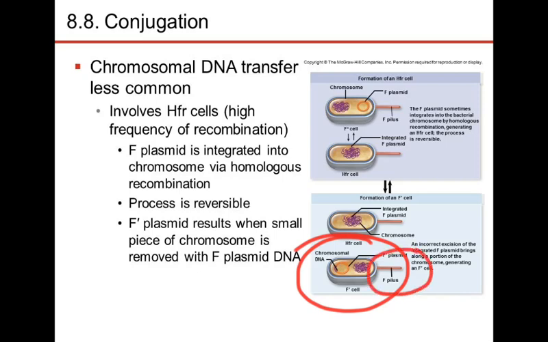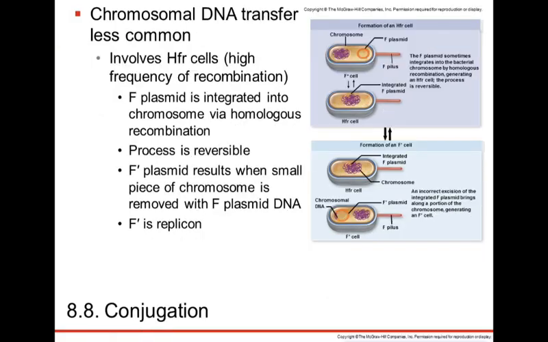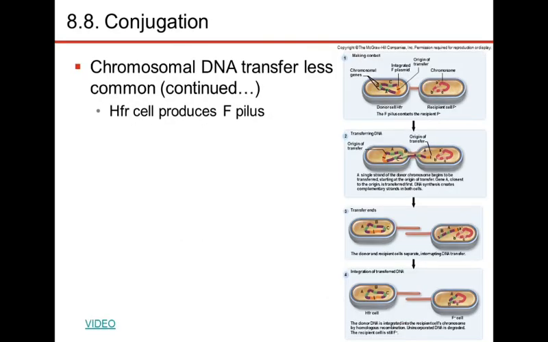It can still make the sex pilus because the genes are there, but the F plasmid is modified, and when it gets transferred, it can't do everything. Many times those F prime cells, once they transfer, the recipient can't make the pilus because the genes for pilus production might not be on the part that's transferred over anymore. So that has a lot of utility as well, and lots of application to that.